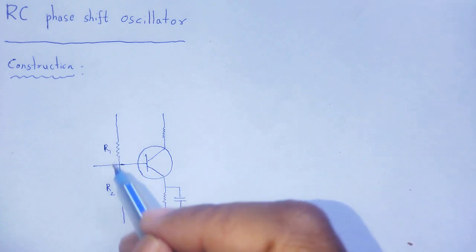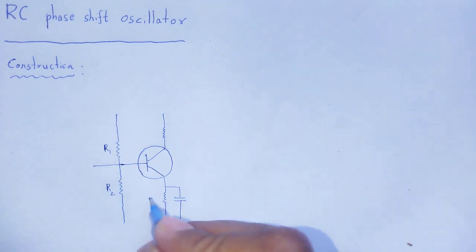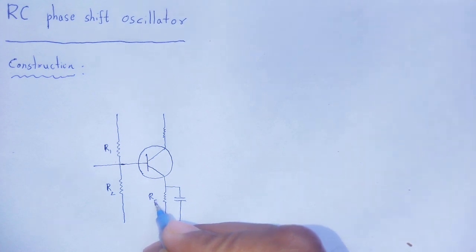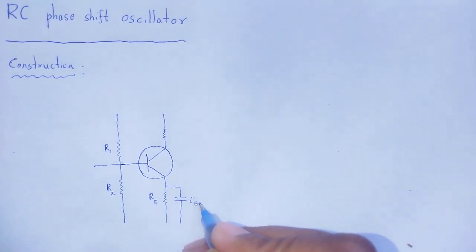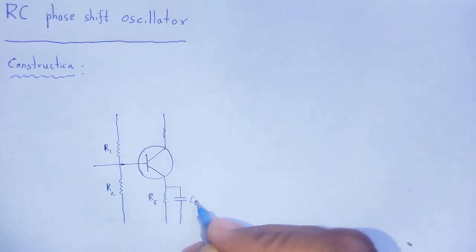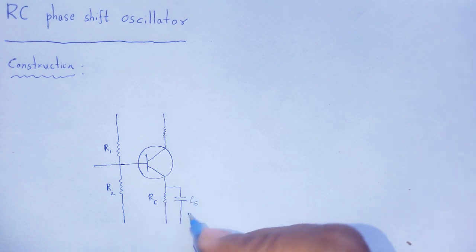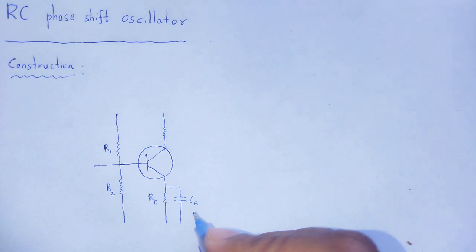We also arrange RE and CE, the emitter capacitor, which is called the bypass capacitor.